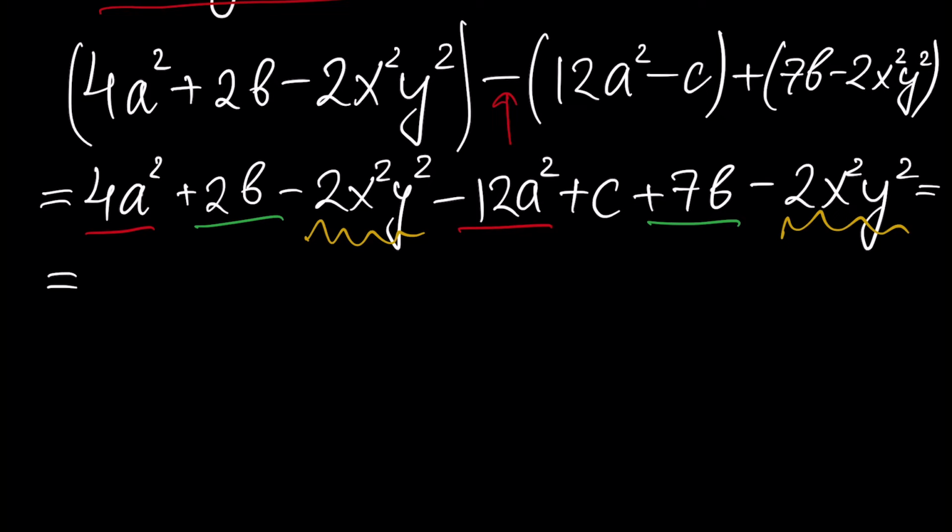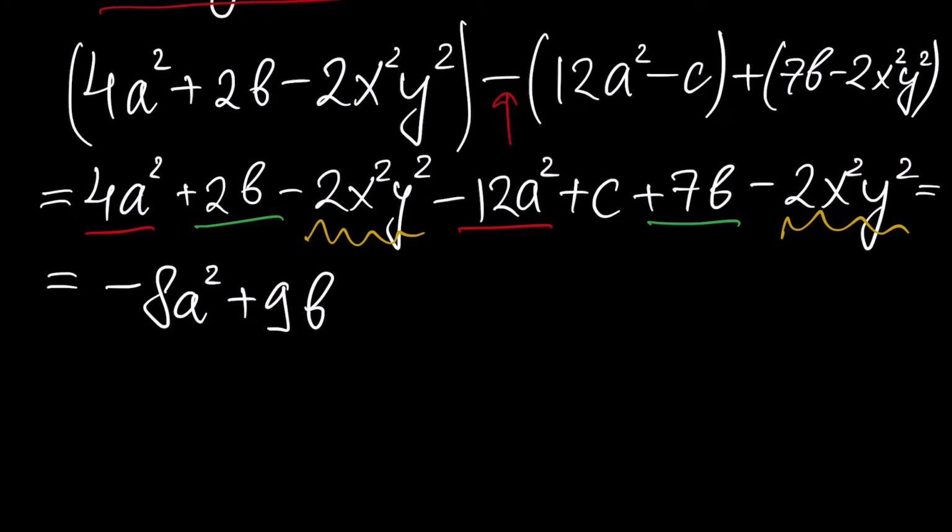For the first one, for the red monomials, it will be 4 minus 12, which is minus 8a squared. For the green monomial, it will be 2b plus 7b is plus 9b.